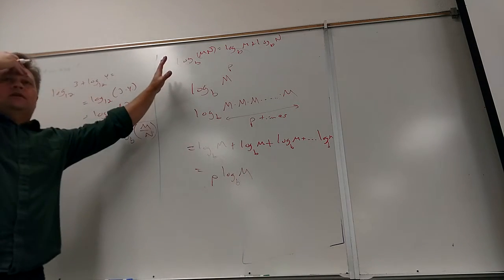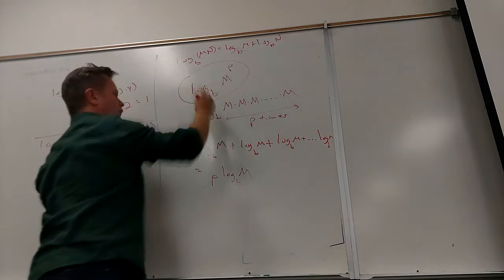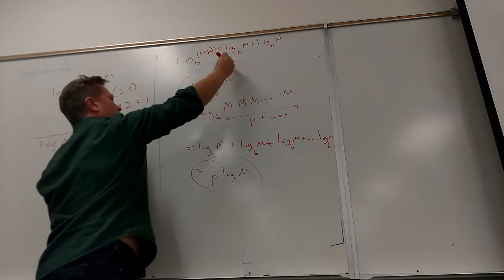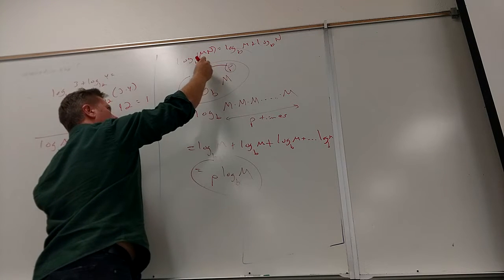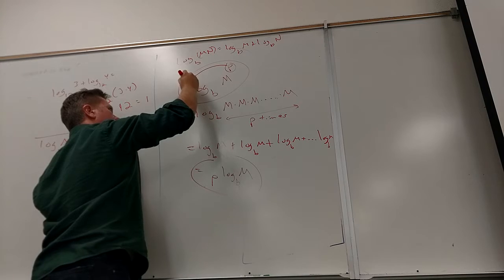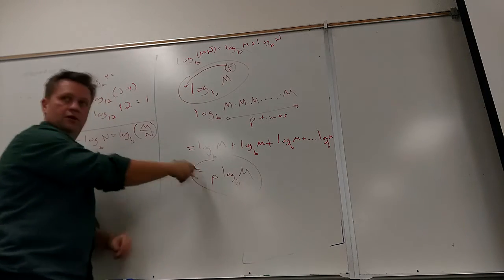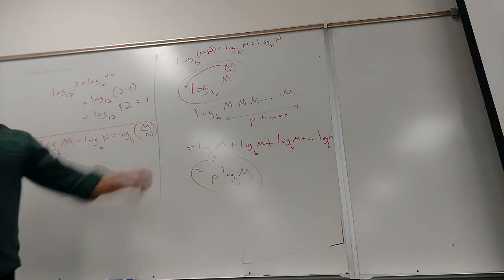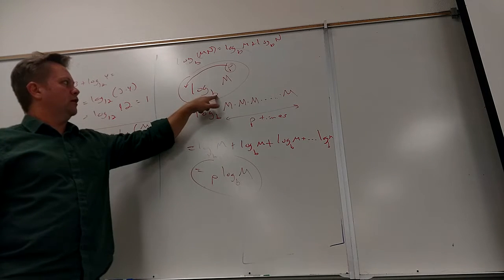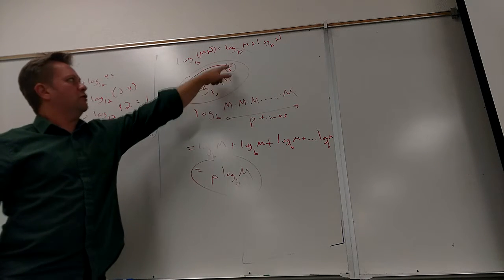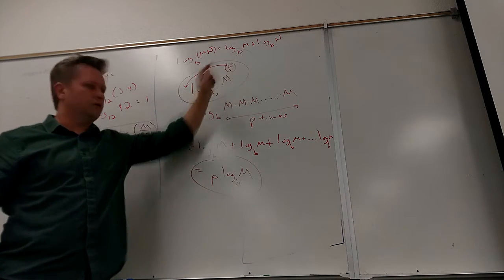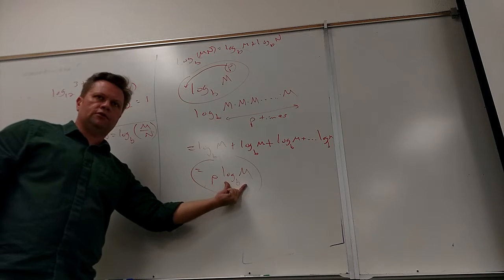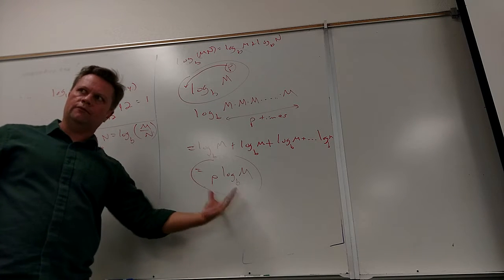So look at this, this is kind of crazy. What does it look like happened from here to here? It looks like the p just came down there, right? What do I do when I raise something with a base to a power to another power? What do I do with the powers? I multiply the powers. It's still a property of powers.